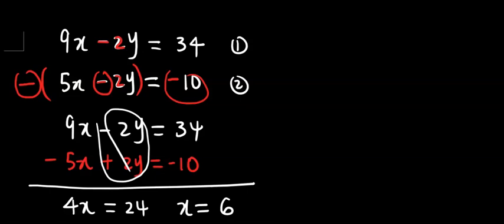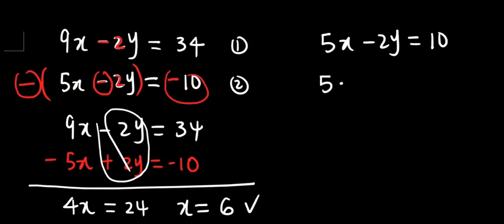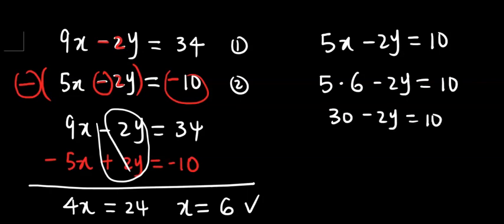The next one is going to be simpler. We're going to plug in. I'm going to use the second one, 5x minus 2y equals 10. If you want, you can use the first one. We got x is 6. So 5 times 6 minus 2y equals 10. 5 times 6 is 30. Minus 2y equals 10.